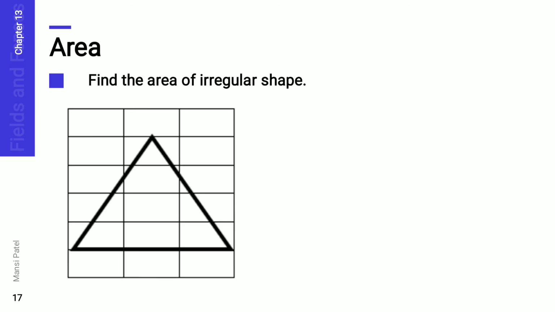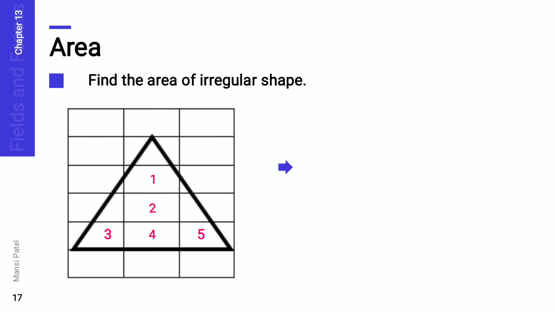Let us see another example to find out the area of irregular shape. In this also you want to find out the area of this triangle. So how? First you have to count the number of boxes which occupy the whole square and more than half. So this part is 1, 2, 3, 4 and 5.